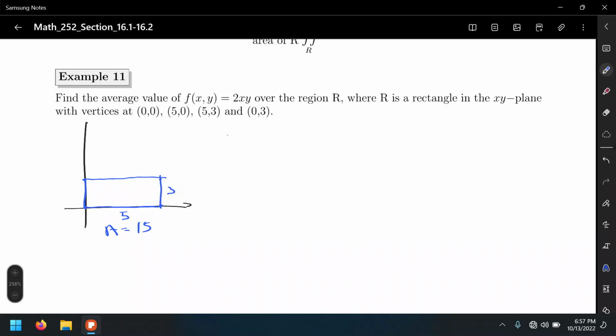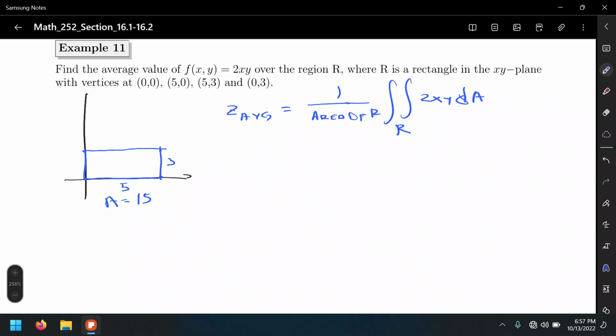So let's find, in this case, z average. Z average is 1 over the area of R times the double integral over R of the function xy dA.